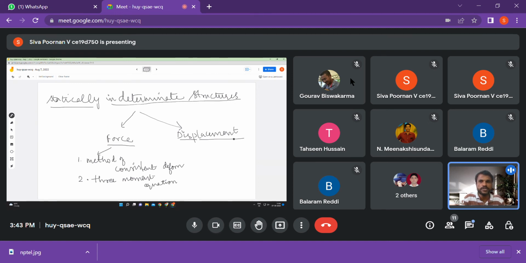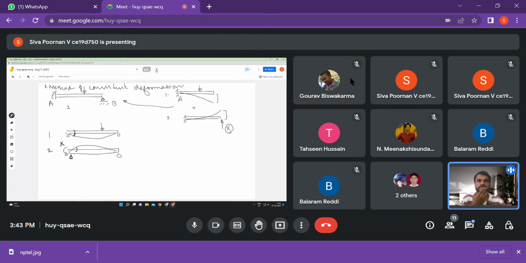It's not a unique or systematic way of solving a problem, especially while coding it into a computer algorithm. Therefore we want a unique, systematic way of doing it. That's why we move on to displacement methods.